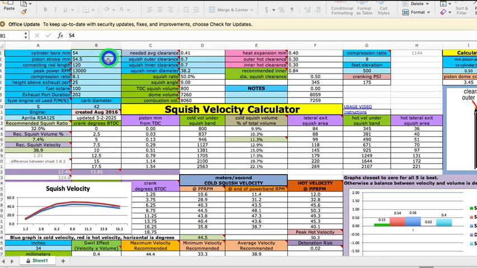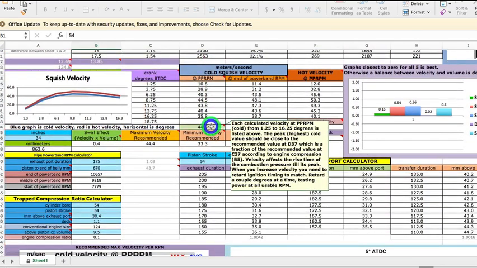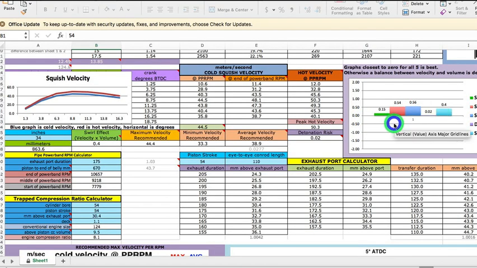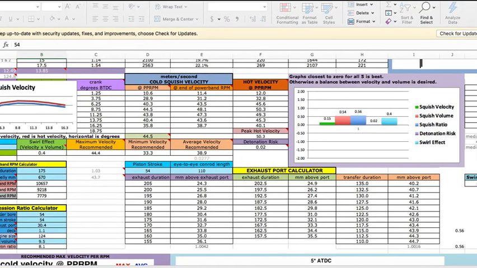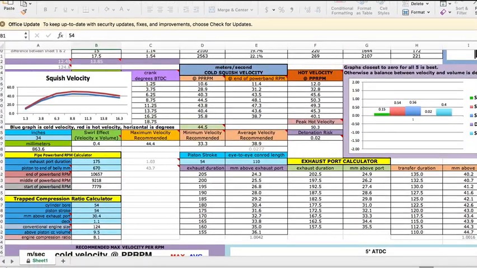All the cells that are in light blue are where you put the information, and the dark blue is describing what information goes there. In this case, the squish velocity calculator gives you this graph over here which shows you whether it has too much or too little of each thing that it analyzes. And that's all there is to it.